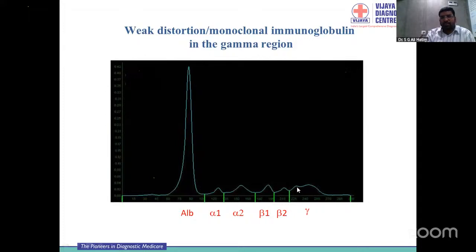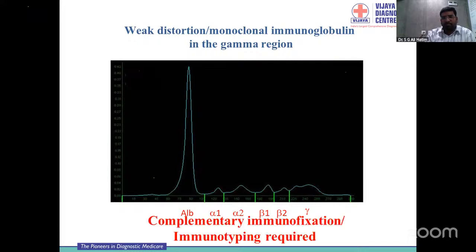This could be an interference, but it could also be a weak distortion, a starting point, or the relapse of some myeloma. So a monoclonal peak can be seen in the gamma region. Here also, to confirm whether it is an interference or not, and which type of immunoglobulin and which type of heavy and light chain is there, you need to ask the patient to undergo immunofixation or immunotyping.